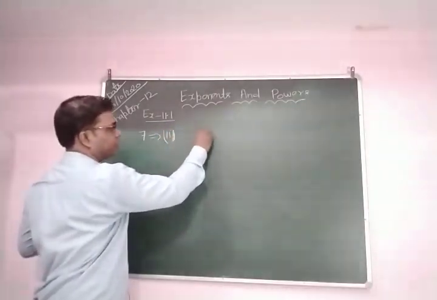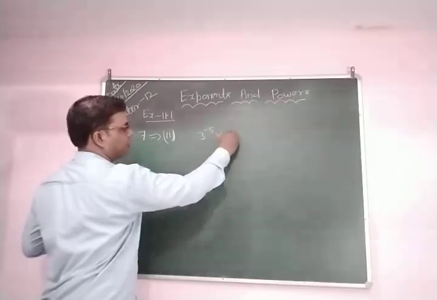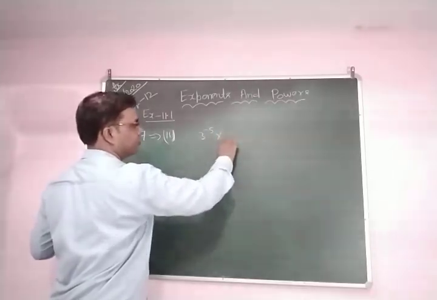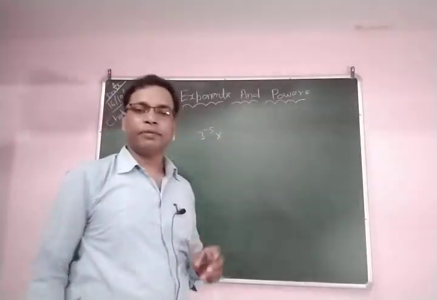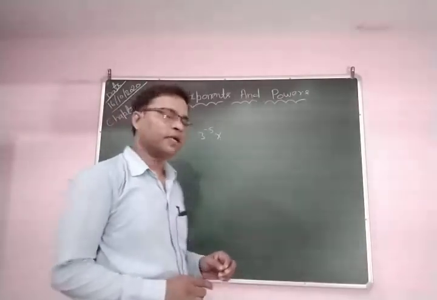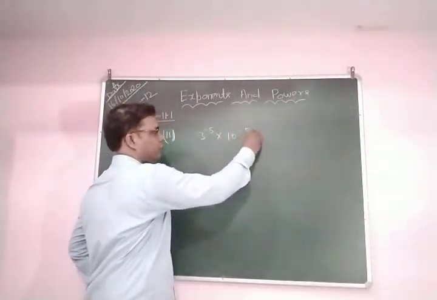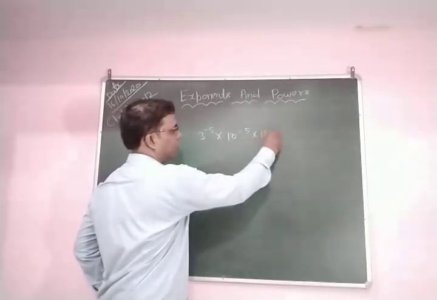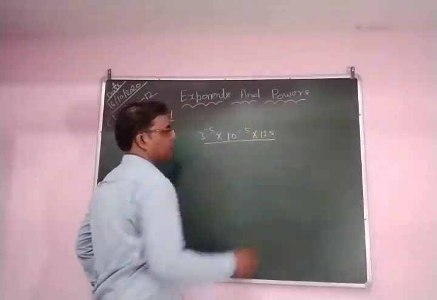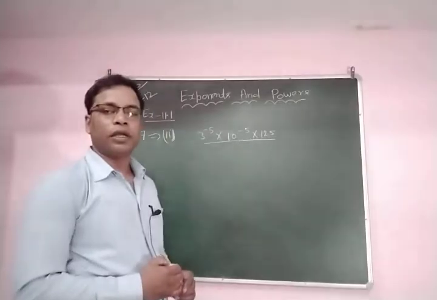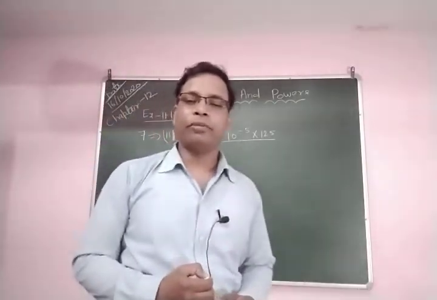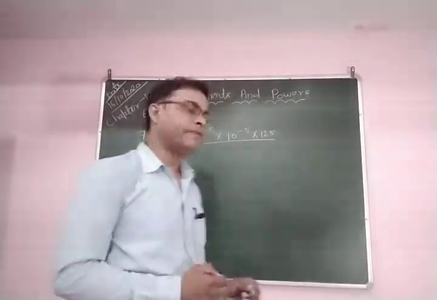3 power minus 5 into 10 power minus 5 into 125 divided by 5 power minus 7 into 6 power minus 5.